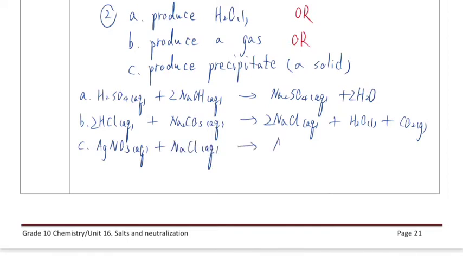Okay, and then it will form silver chloride, which is insoluble, and then we will have sodium nitrate, which is a solution. So for this one, because silver chloride is insoluble, the reaction can take place, and we will call this special type of reaction precipitation reaction.